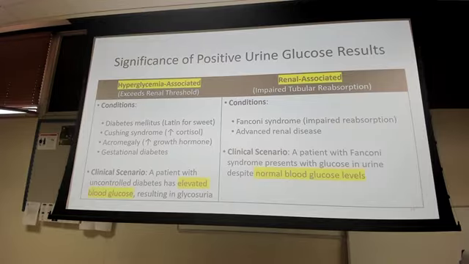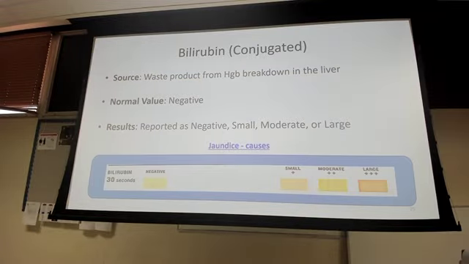Hyperglycemic associated is found in diabetes mellitus, Cushing's syndrome, acromegaly, and gestational diabetes. Renal associated is associated with Fanconi syndrome and advanced renal disease. Okay? And we'll break it down a little bit more.